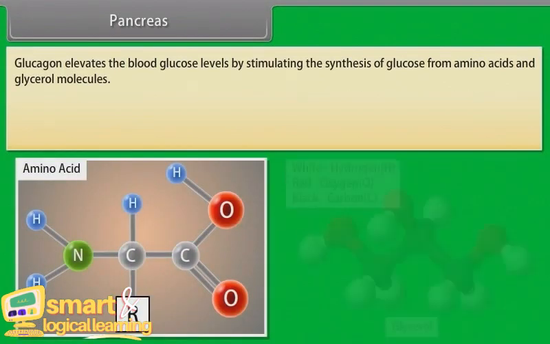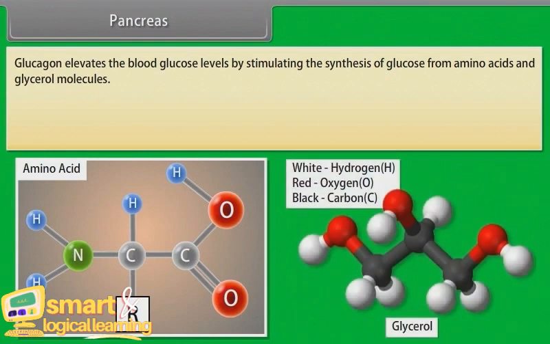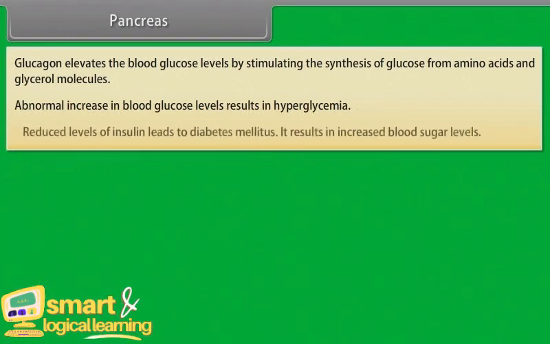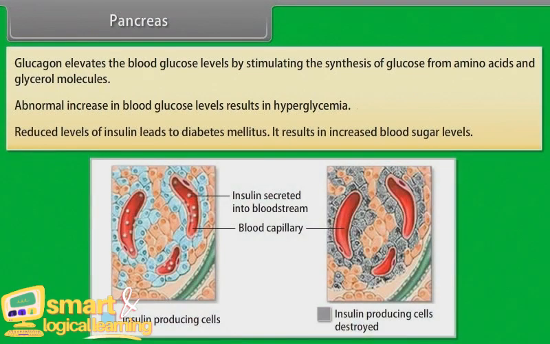Glucagon elevates the blood glucose levels by stimulating the synthesis of glucose from amino acids and glycerol molecules. Abnormal increase in blood glucose levels results in hyperglycemia. Reduced levels of insulin lead to diabetes mellitus. It results in increased blood sugar level.